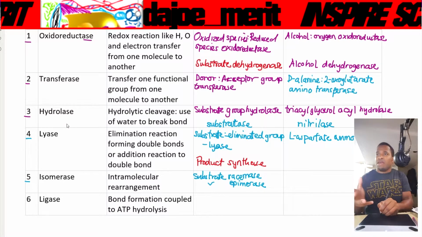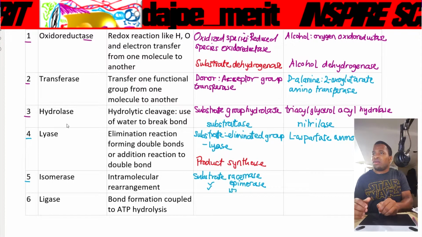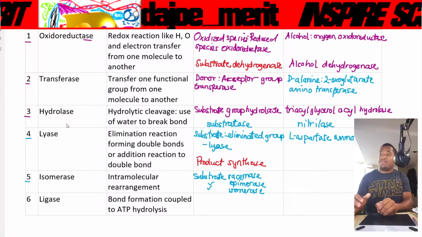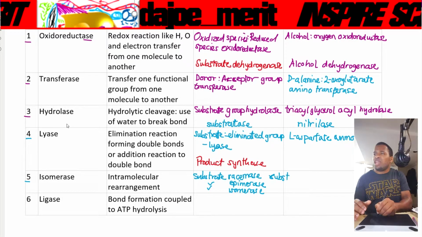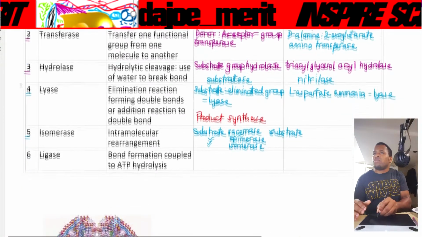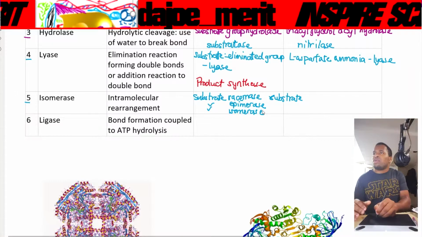Another enzyme can be substrate isomerase. And another enzyme in here can be, I would say, substrate tautomerase. I'll just kind of force it in here. I'll drag this up.